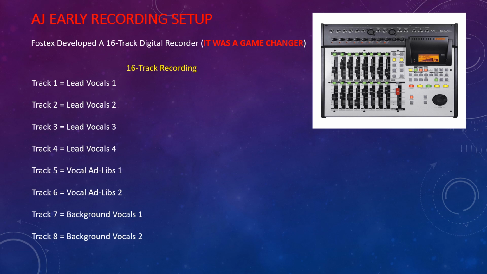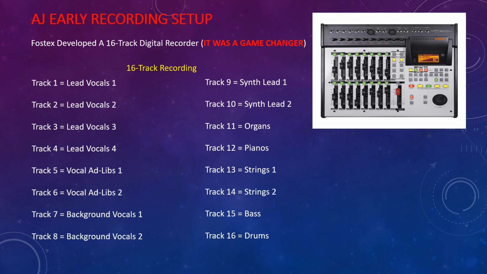Track 7, background vocals. Track 8, background vocals 2. Track 9, synth lead 1. Track 10, synth lead 2. Track 11, organs. Track 12, pianos. Track 13, strings 1. Track 14, strings 2. Track 15, bass. Track 16, drums.